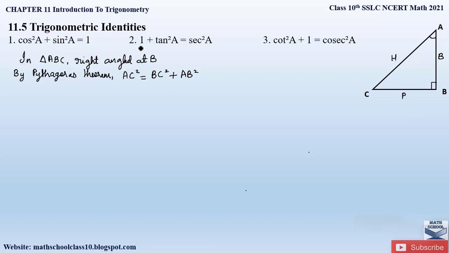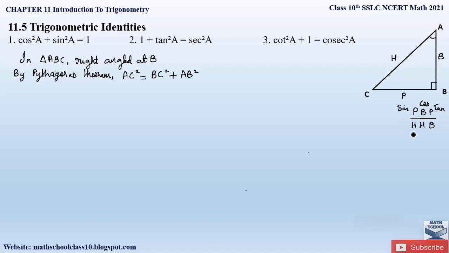So now to obtain the trigonometric identities, we should also know this fraction, that is P B P divided by H H B. So here in this fraction, perpendicular by hypotenuse will give us the sine value, base by hypotenuse is cos, and perpendicular by base is tan.